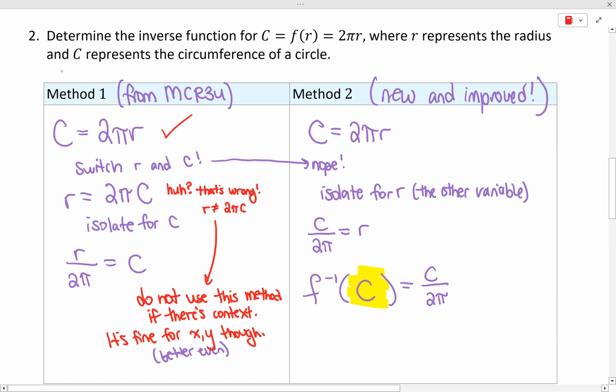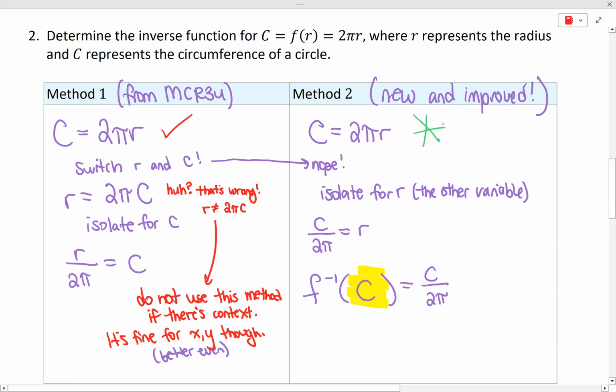So if you were to switch them, then you're saying the radius is 2 times pi times the circumference, which is just a false statement. So if there's context, you should not use method 1. If it's just x and y, absolutely use method 1. But if there's context, please use method 2.